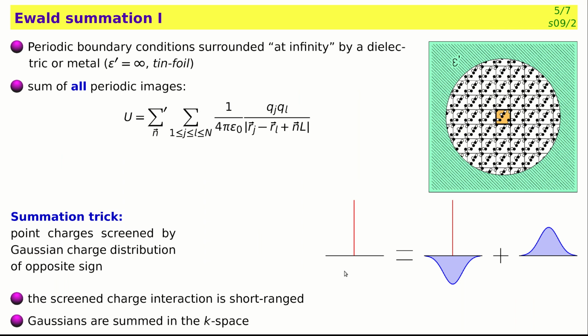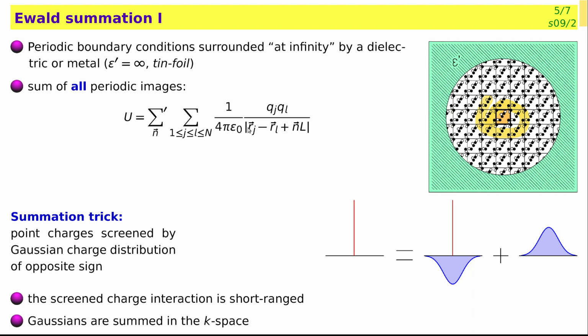So a few words about summation. We'll do a smart trick. We'll take a periodic system as here, and we will calculate in principle the interaction of all charges in all these images. It looks like nonsense.